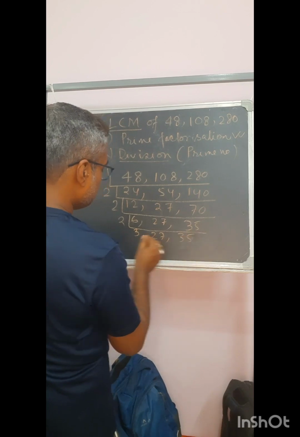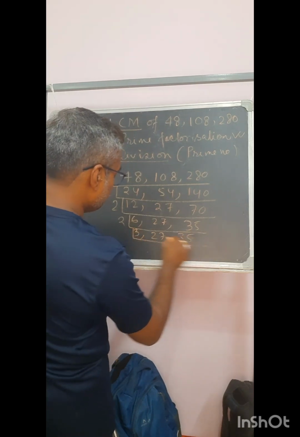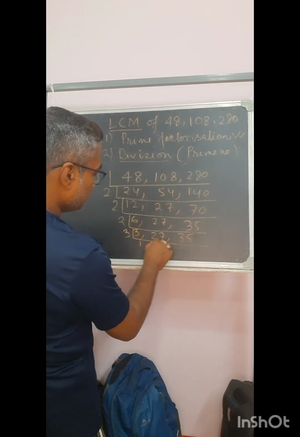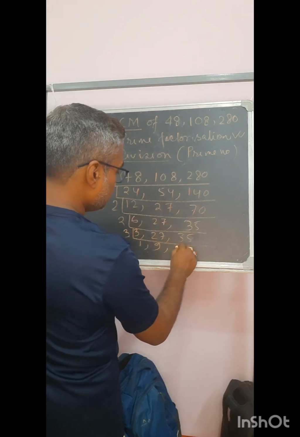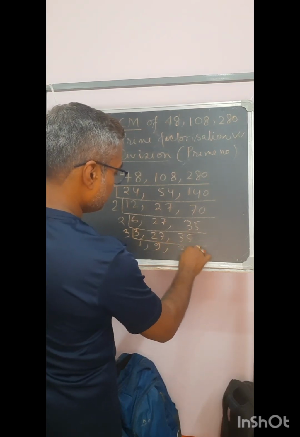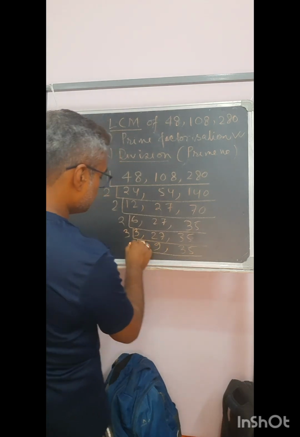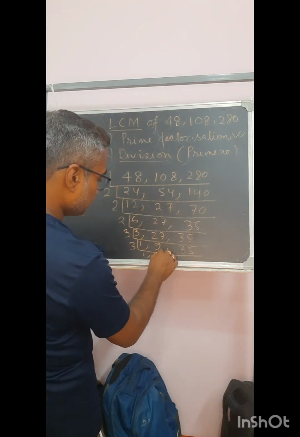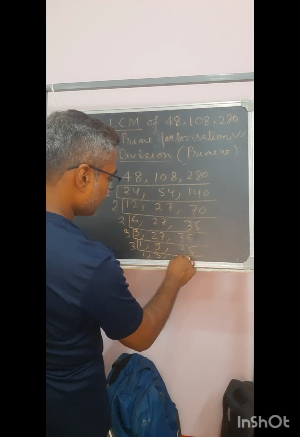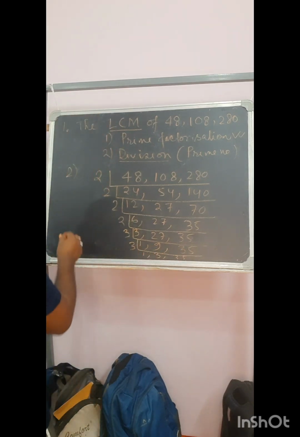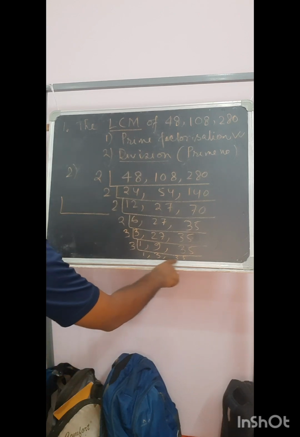Till now 2 is over. Now I will try with 3: 3 1 9 3. Anyhow it will not divide 35, so I will exhaust 3 till it comes to 35. Next I will do here 3 and 35.